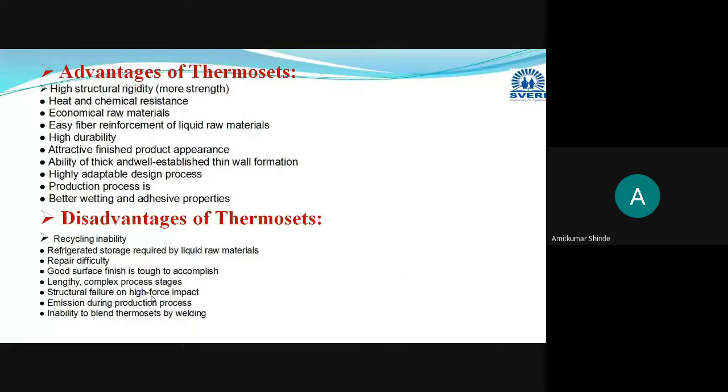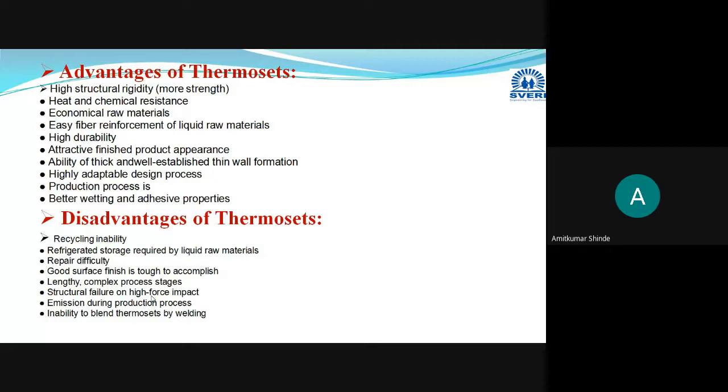Then sometimes, due to high impact force, the structure may fail, and during the production process, emissions will be more. Also, blending is not possible, meaning mixing one thermoset material into another is not possible.